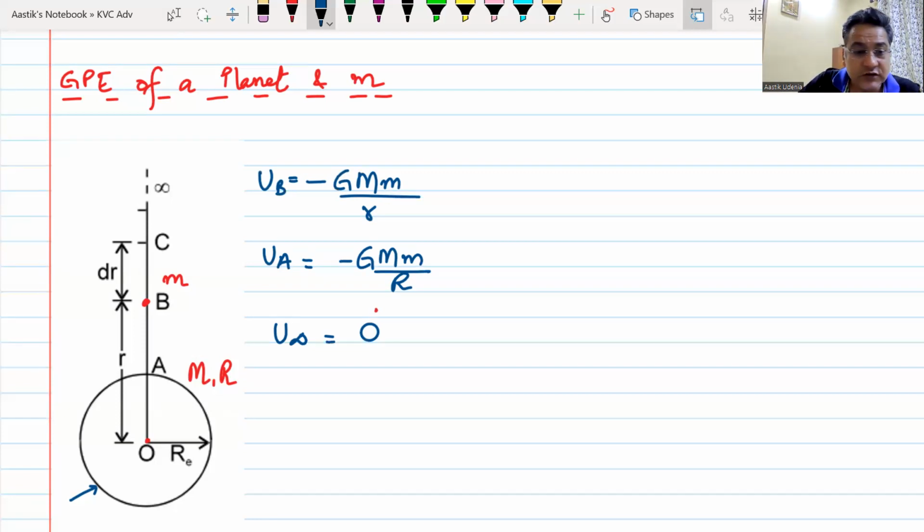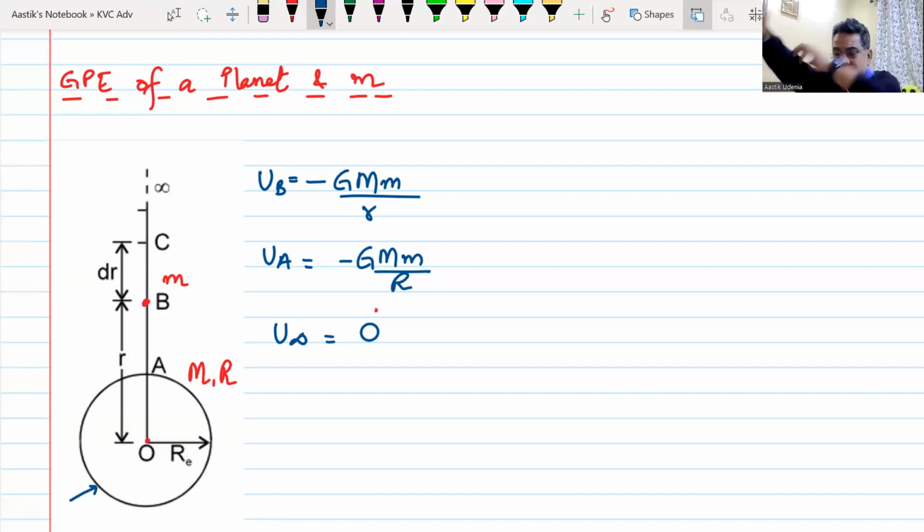So this is how you can find out the gravitational potential energy of a planet and a small mass m. Everybody understands this?